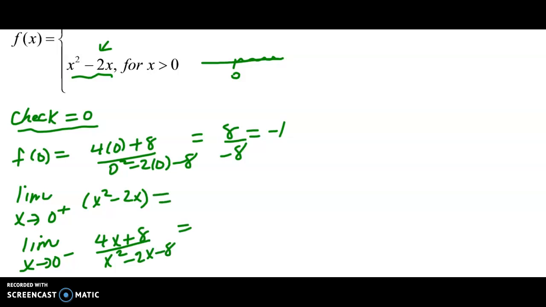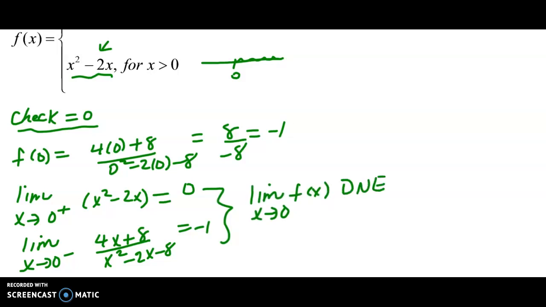And I'm going to substitute 0 into both limits. When I substitute it into the limit of 0 from the right, I'm going to get 0, and we already know this is -1. So looking at the left and right hand limit, I can see the limit as x approaches 0 does not exist.